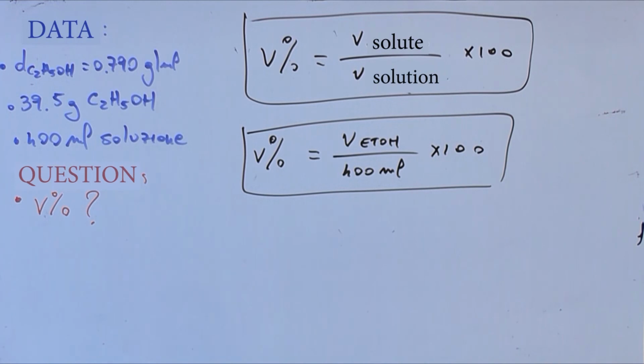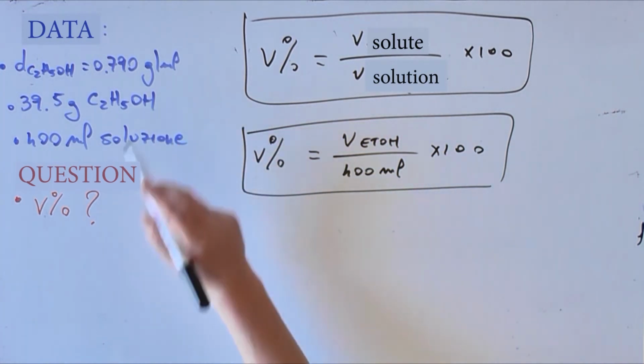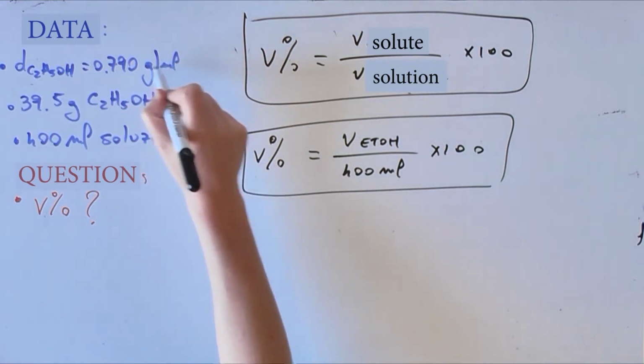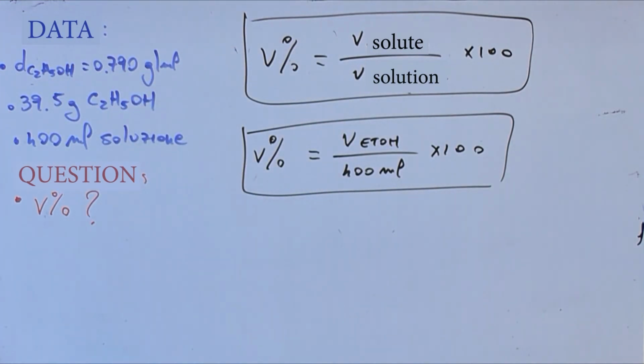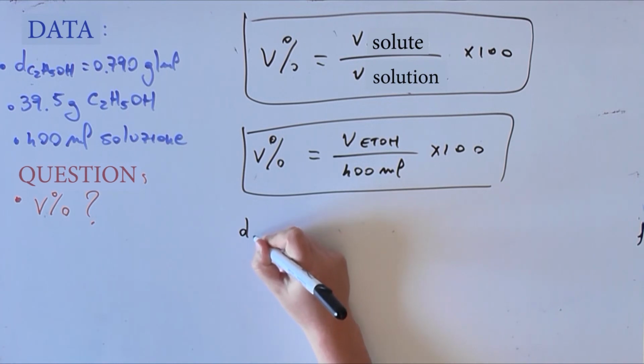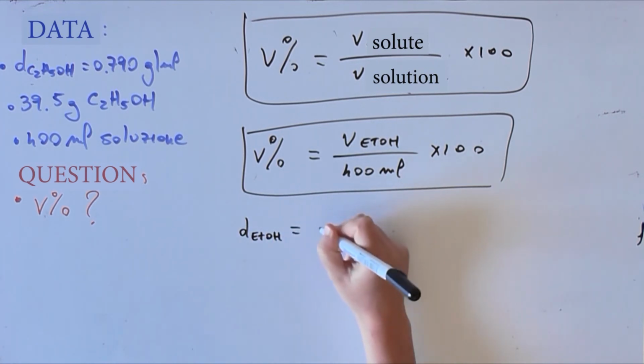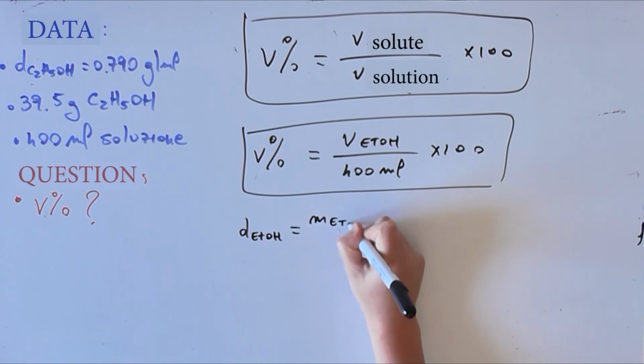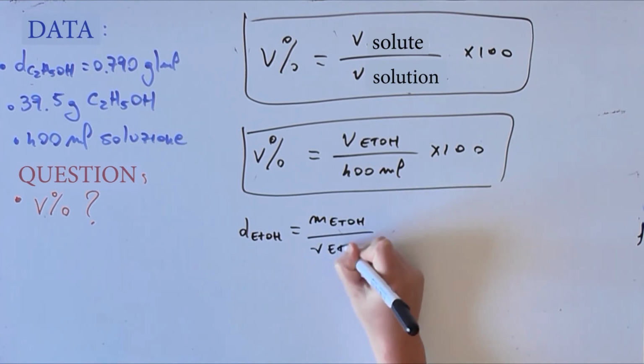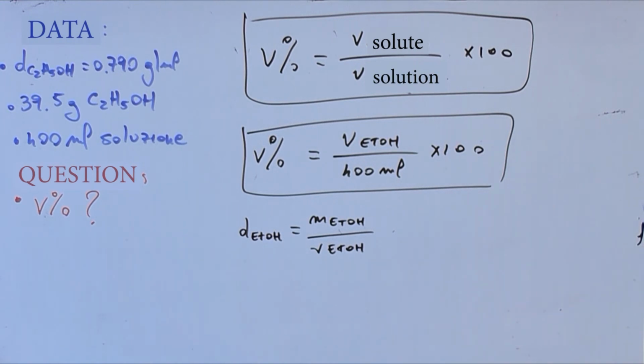Now how to calculate this volume of ethanol? We actually have the grams of ethanol here, and then we have the density of pure ethanol. Please pay attention that this time we have the density of pure ethanol, so it's ethanol which is pure 99.9%. Let's write it to clarify it better. Density of ethanol equals the mass of pure ethanol divided by the volume of pure ethanol. So it's not the density of solution as we have seen in the previous problems, but the density of pure ethanol.